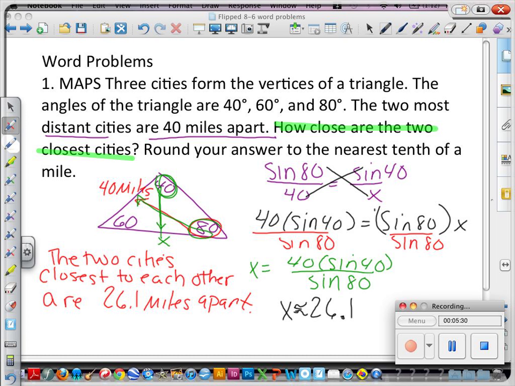I'm not just writing the two cities are 26.1 miles apart, but I'm explaining which two cities they are, people. You need to communicate clearly. All right, let's move on to the next problem.